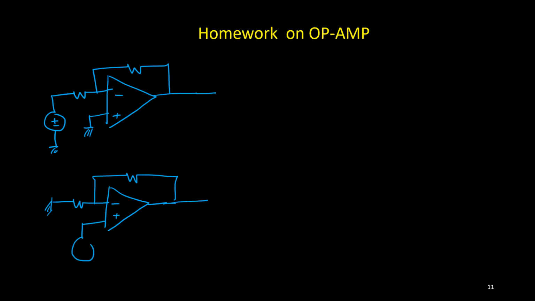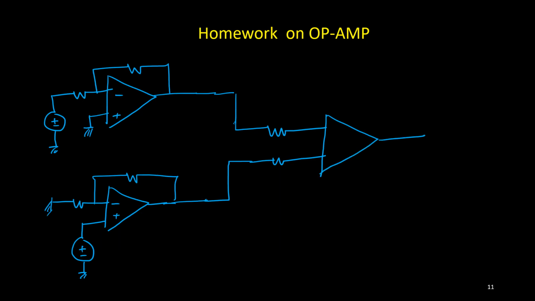Here I will add a supply voltage, right? Then these two, another op amp. Here it is a negative feedback. Here it is grounded. This is your output voltage V0.